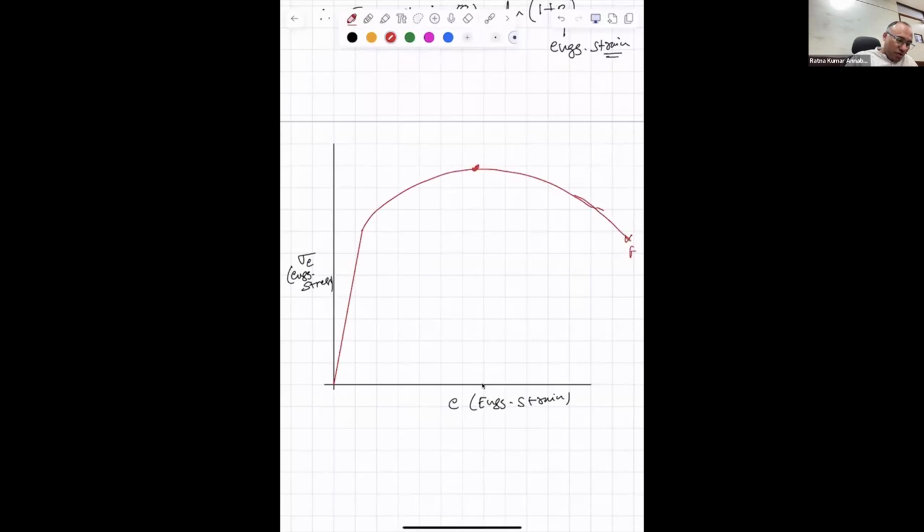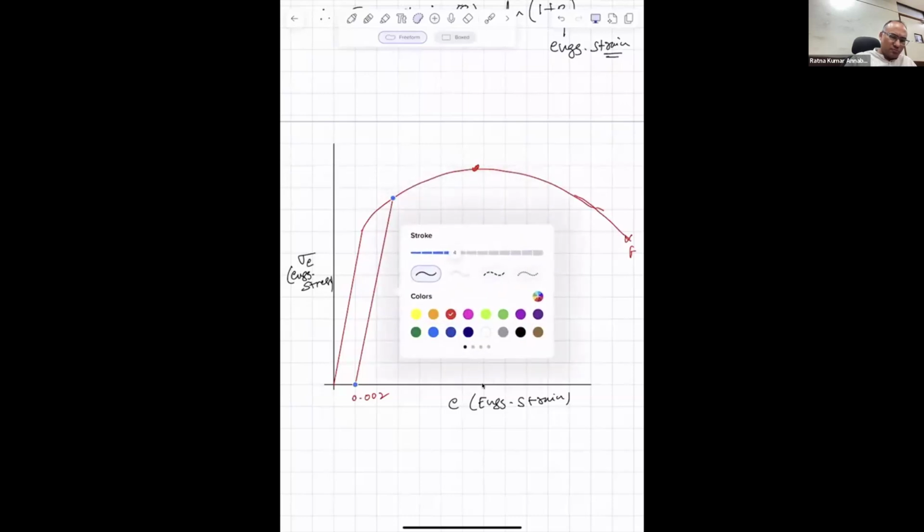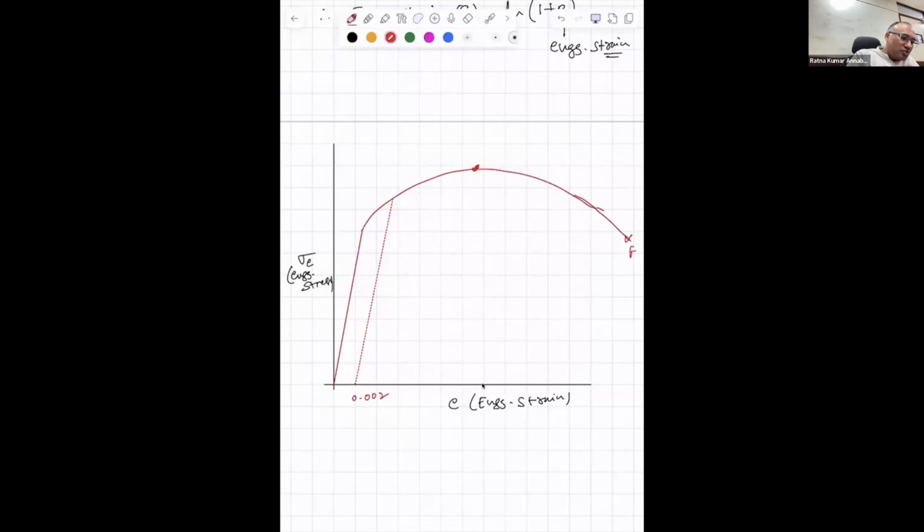If I take this as my 0.002 strain, then this will be my yield point, sigma y, the yield strength of the material, right?